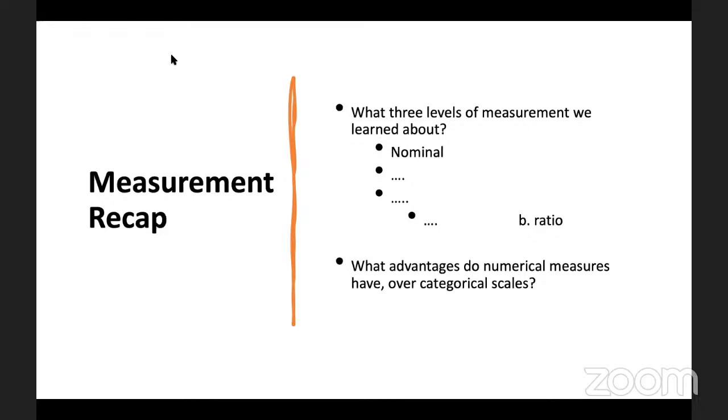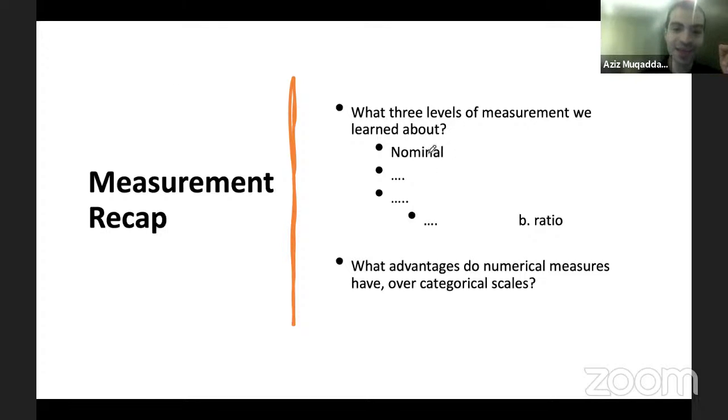Is numerical one? Before numerical, which one would we say? So we have nominal, and then is the next one categorical? Categorical covers, so yeah, categorical can be nominal, or what's the other thing? Yes, ordinal. Thank you, Anais. They have nominal, ordinal, and then we have continuous, and continuous is also called numerical.